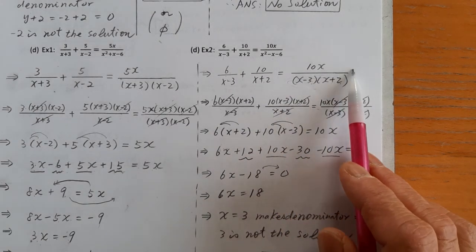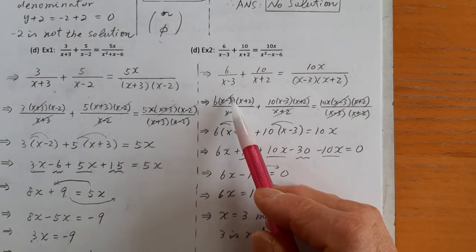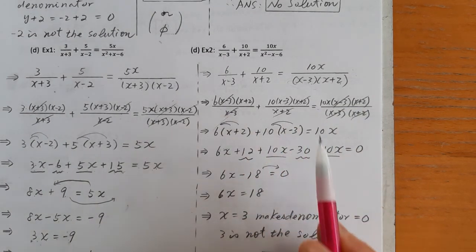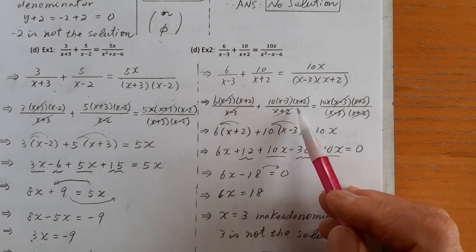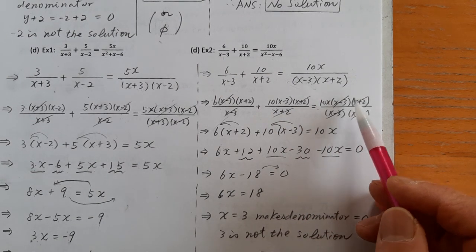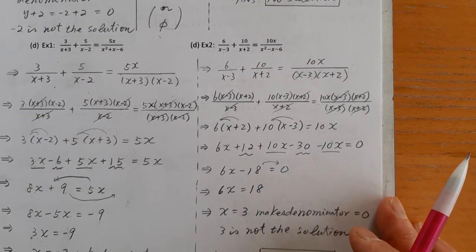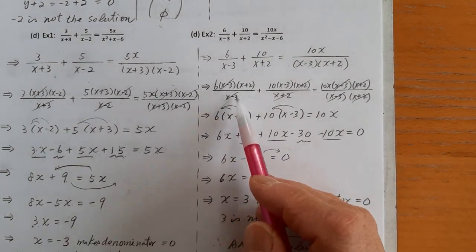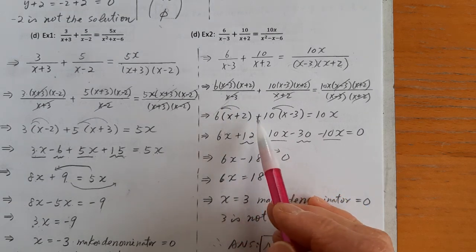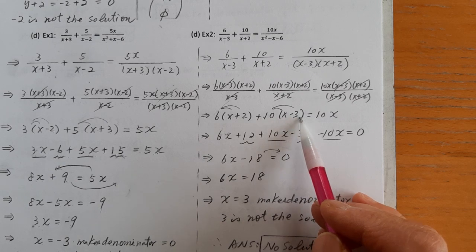The first term cancels x minus 3, the second term cancels x plus 2, and the right side cancels both. So what remains is 6 times (x plus 2) plus 10x times (x minus 3) equals 10x.